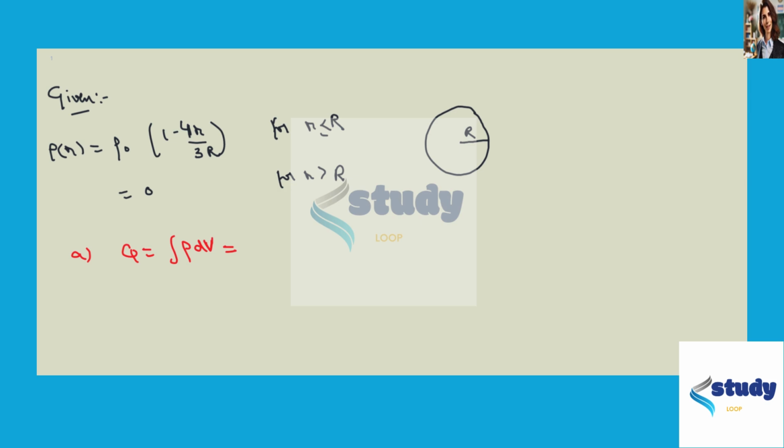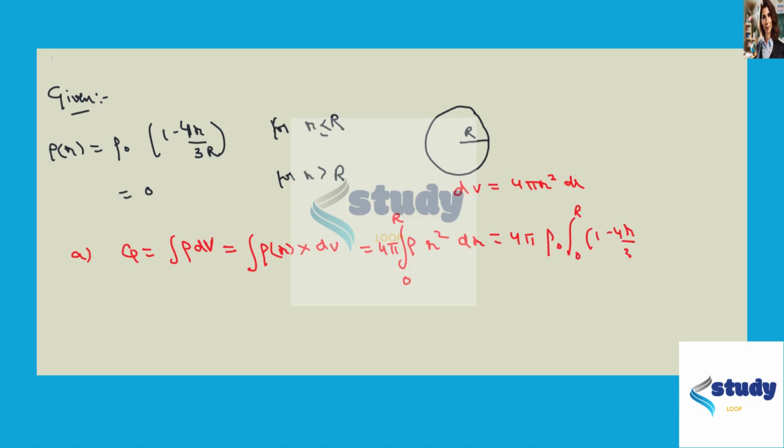This is a sphere, so this would be rho of r times dV, where dV equals 4 pi r square dr. So this gives us rho 4 pi r square dr. Put in the value of rho, and r goes from 0 to capital R. So we have 4 pi rho naught integral from 0 to R of r square times 1 minus 4r over 3R dr.